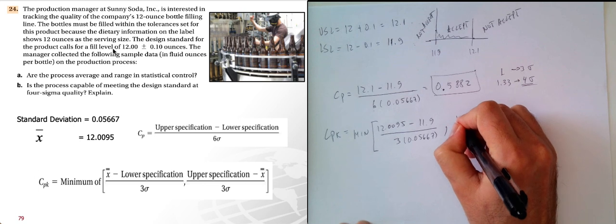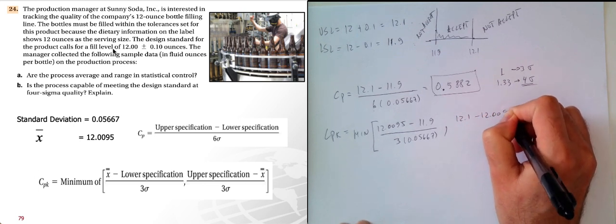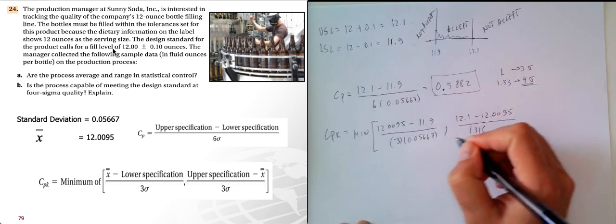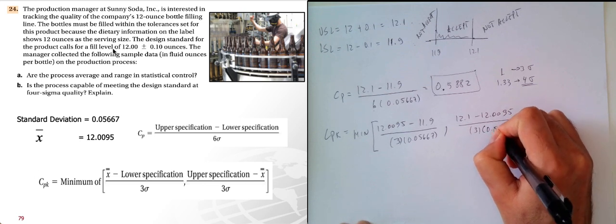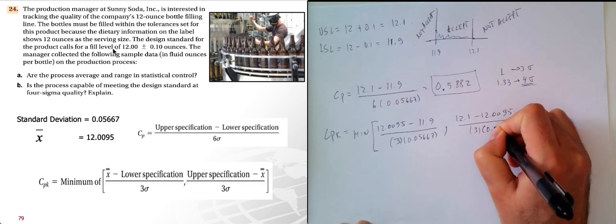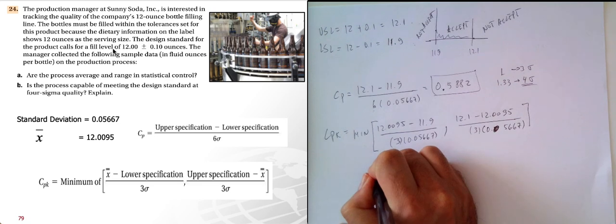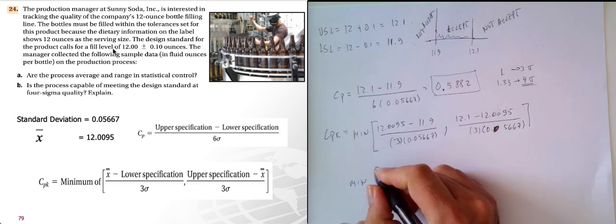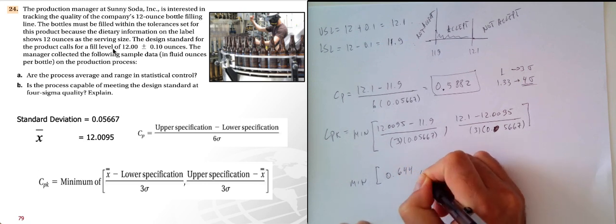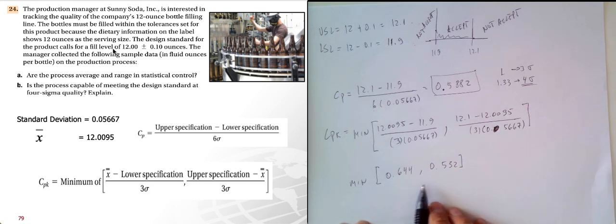And we also have the upper minus X double bar divided by 3 times 0.05667. And we got 0.644 and 0.532.